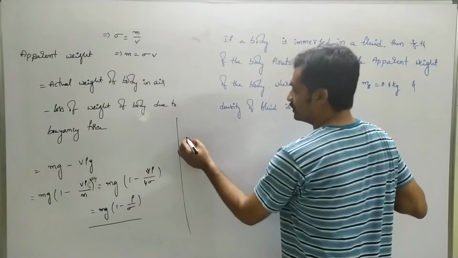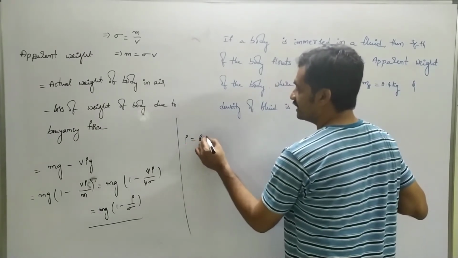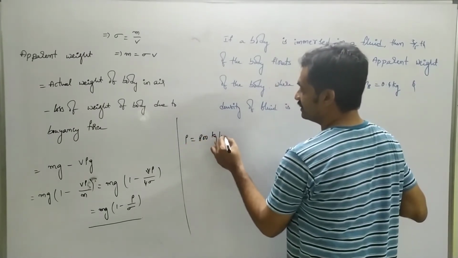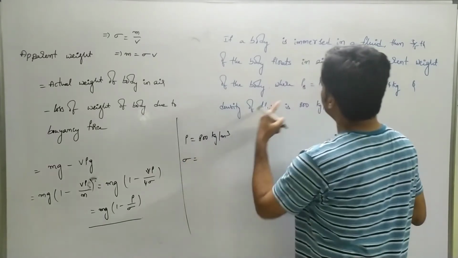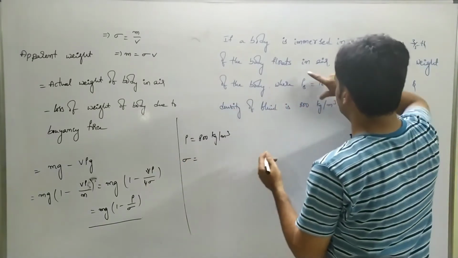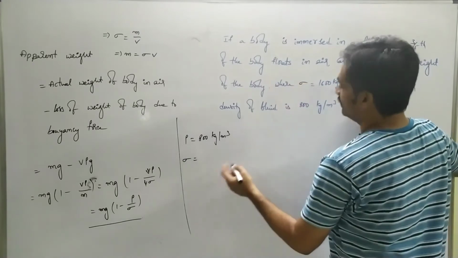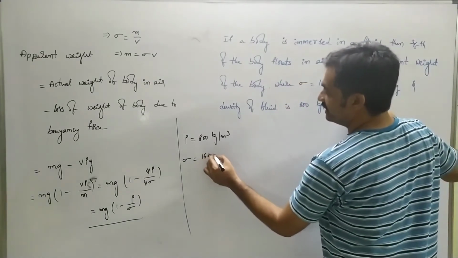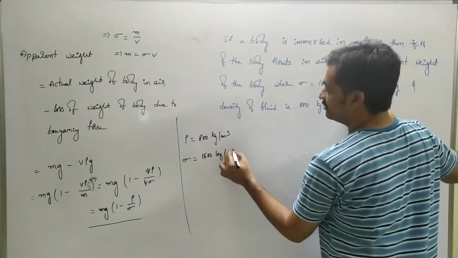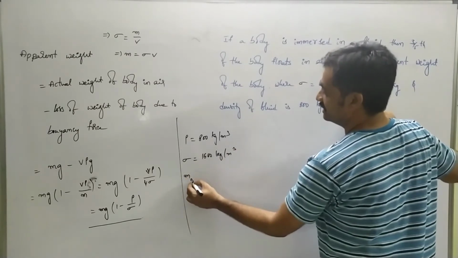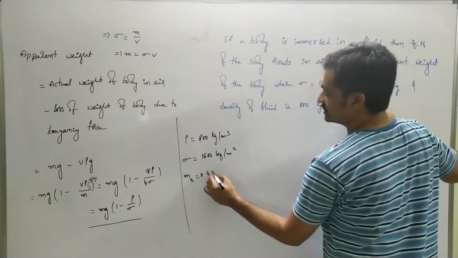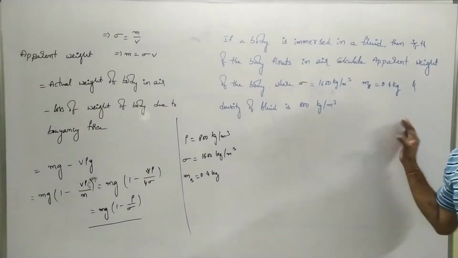So observe that rho equals 800 kg per meter cube, the density of the body sigma equals 1600 kg per meter cube, and the mass of the body is 0.4 kg.